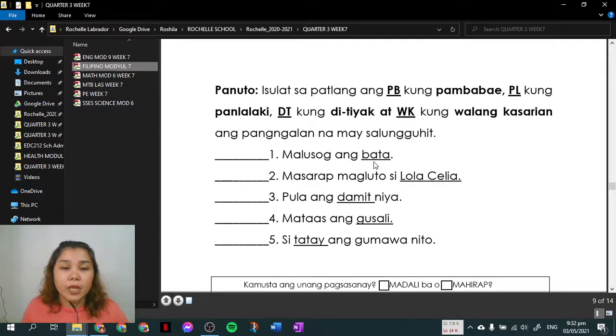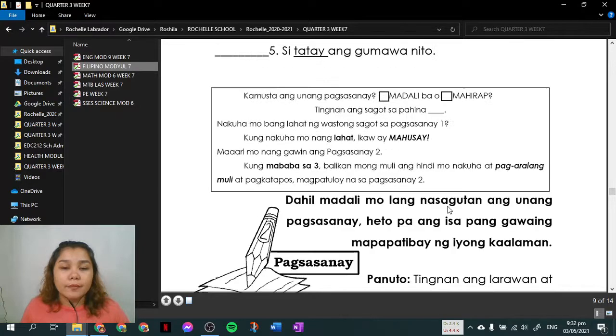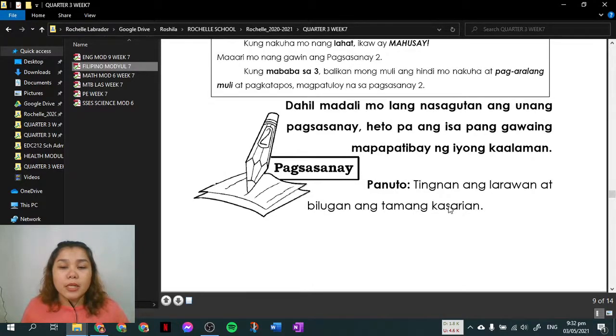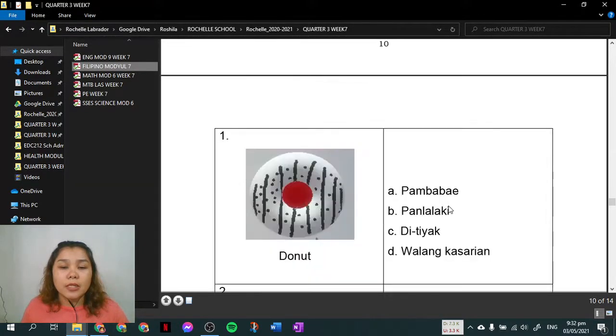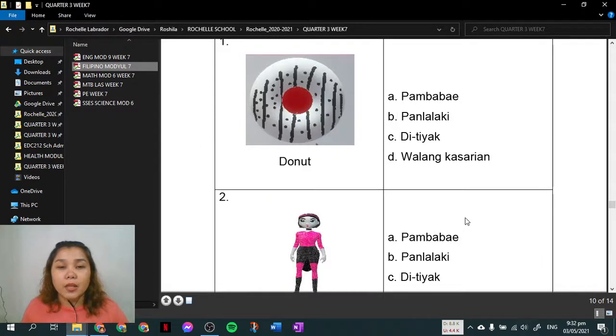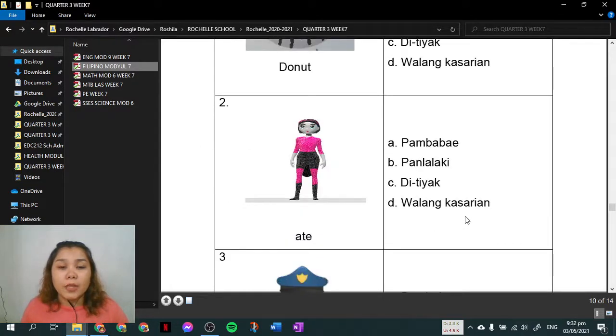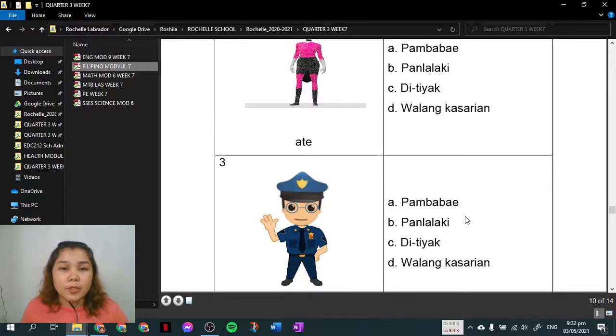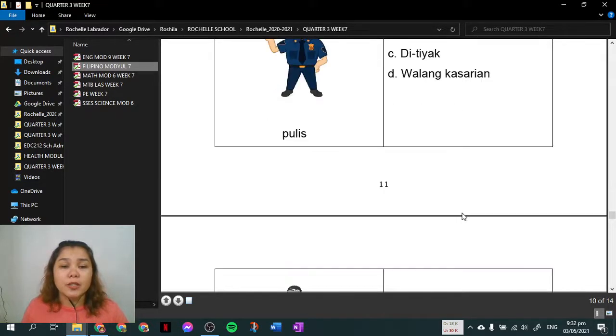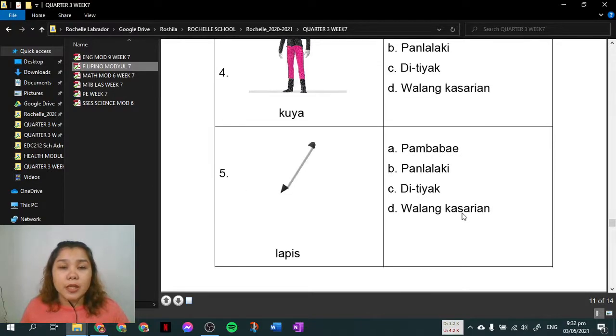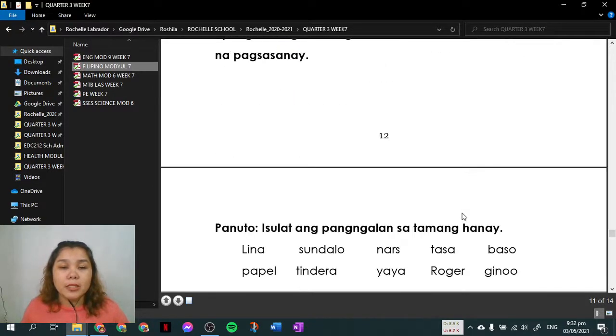For the following underlined nouns or pangalan. Tapos, pagsasanay ito naman, bilugan ang tamang kasarian. So, for the given pictures. So, in case the pictures are not clear because of the black and white printout, you can refer to this intro video.